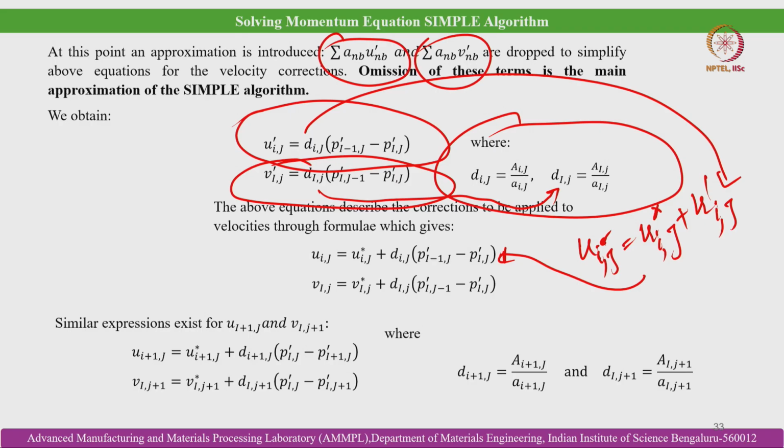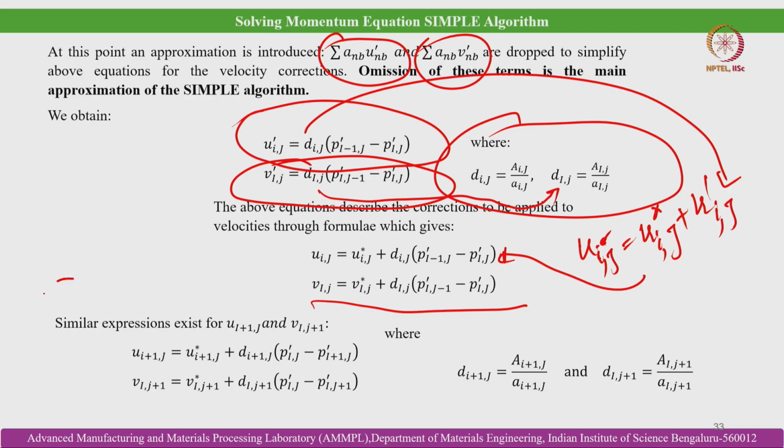So then v i j is also written as v asterisk capital I small j plus the new coefficient that is introduced here, small d capital I small j, multiplied by p prime capital I j minus 1 minus p prime capital I capital J. Okay. Similar expressions we can also obtain for the velocity at the I plus 1 comma j node, and also for v at the I j plus 1 node.